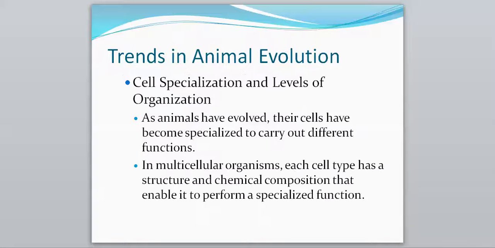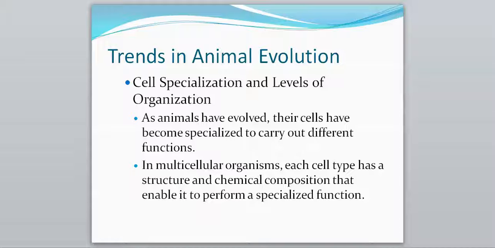The first one we're going to look at is cell specialization. As animals have evolved, their cells have become specialized to carry out different functions. In multicellular organisms, each cell type has a structure and chemical composition that enable it to perform a specialized function. Relating this back to humans, we have different cells in our brain, our lungs, our heart, and our feet.